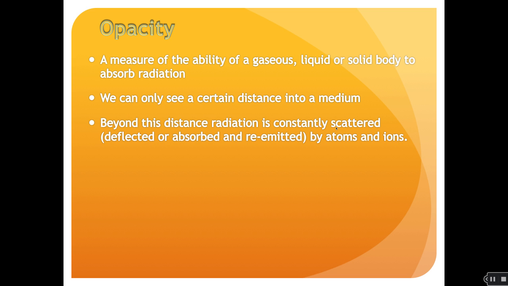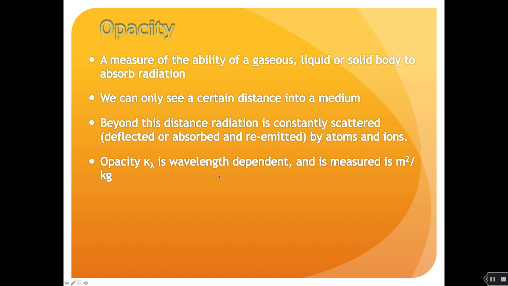And because you're going from not having an electron attached to having an electron attached to having an extra electron, the energies involved mean that you get continuous radiation being absorbed and emitted. Okay, and so that makes it opaque for nearly all wavelengths.